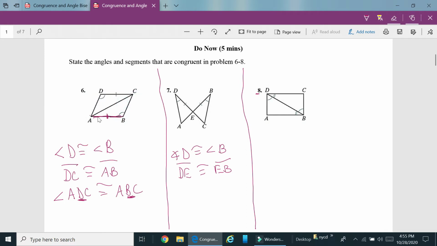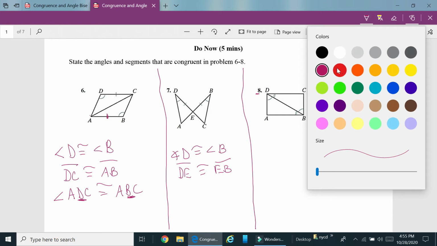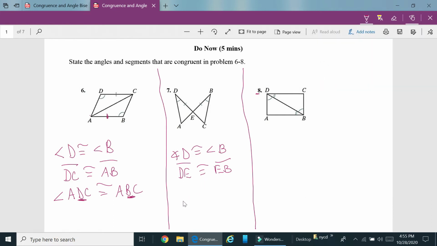And same thing with number 7. You could also label it as angle ADE. Angle ADE is equal to and congruent to CBE.